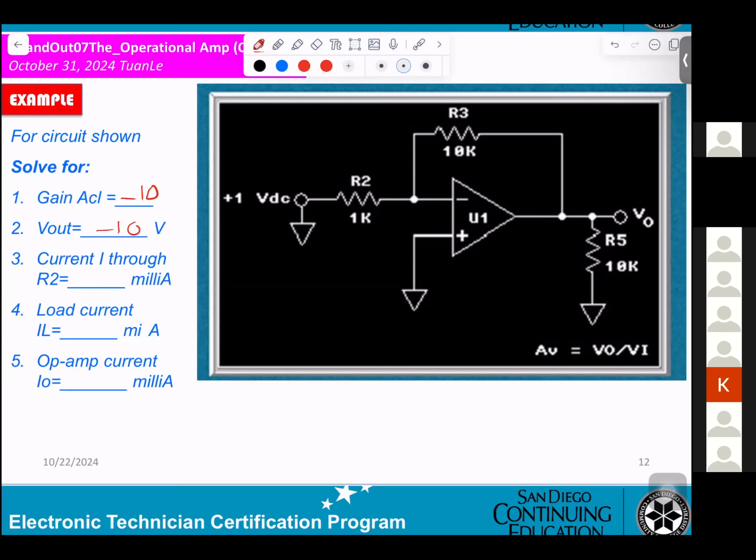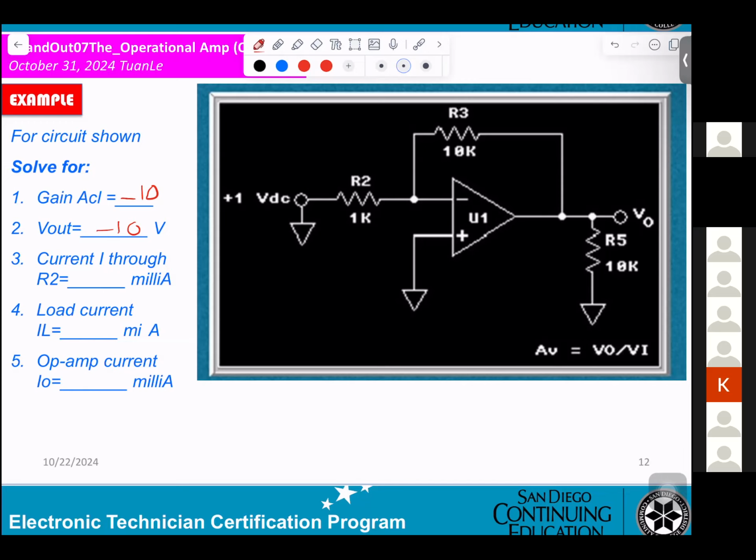And then they're asking for current I through R2. So is that 1 volt? Mr. Pham, that's not what I'm asking. I'm asking you, it says VDC and before the V it says 1 plus.